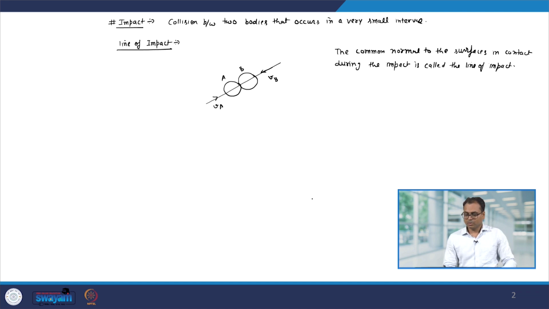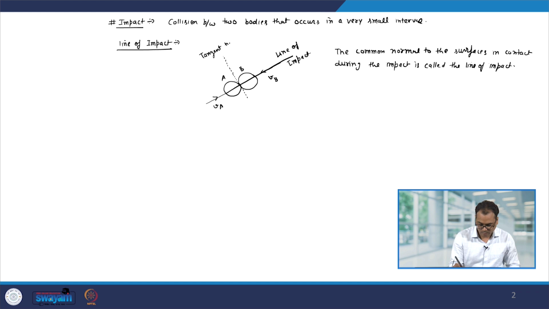Okay. So, let us look at the common normal. So, here this is the common tangent and this one is the common normal. So, therefore, this is the line of impact and this is the tangent to the contacting surface.